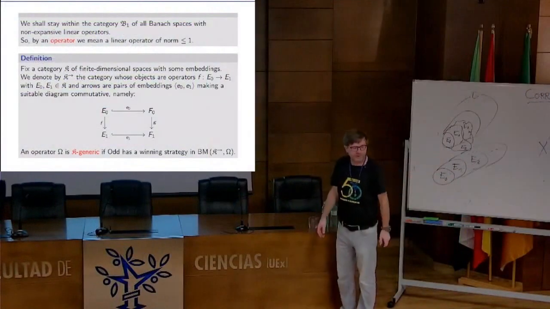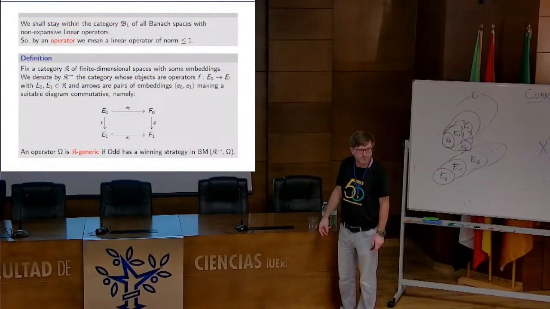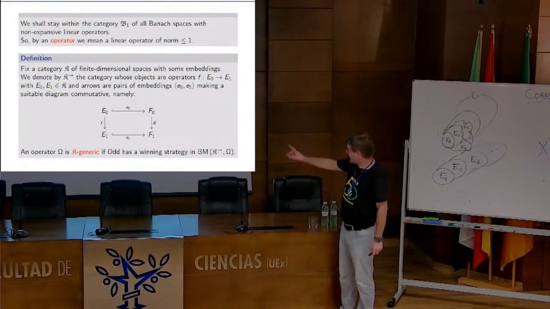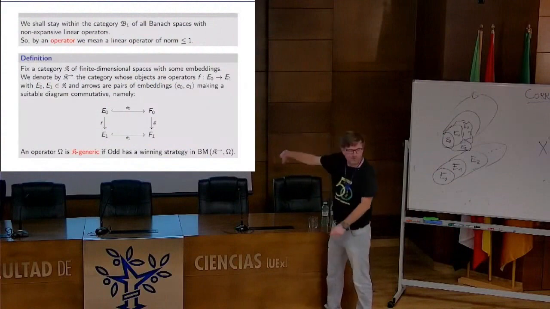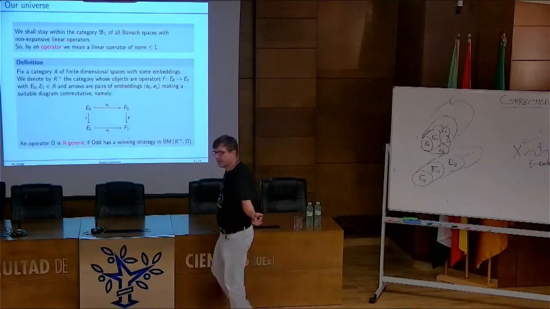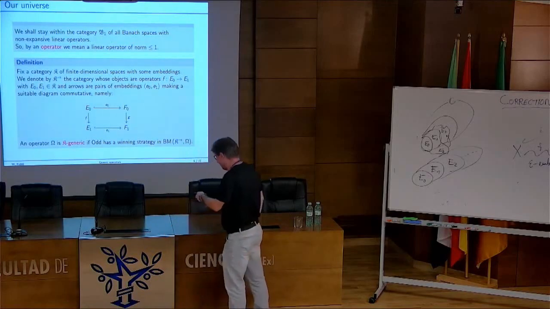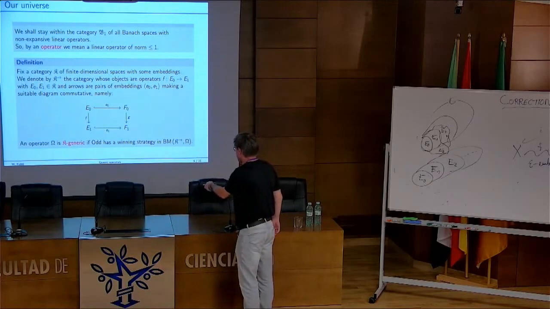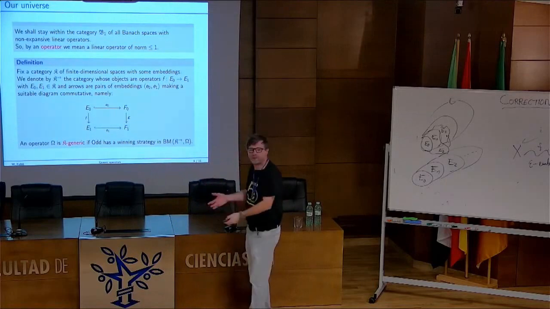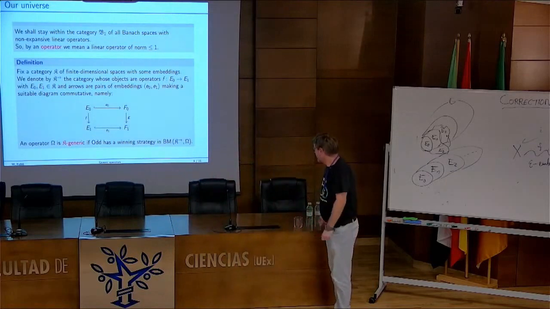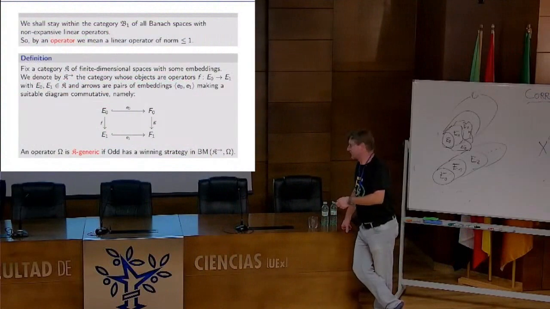So there is a limit or co-limit formally. An operator from the completion of this top one to the completion of the bottom one. Okay, and this operator would be called, I call it K-generic because everything is based on K, yeah, on this class, if there is a winning strategy.